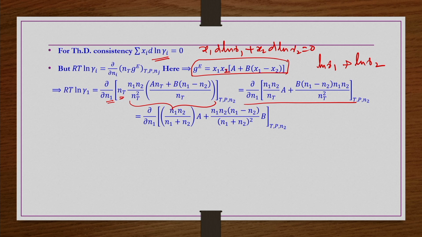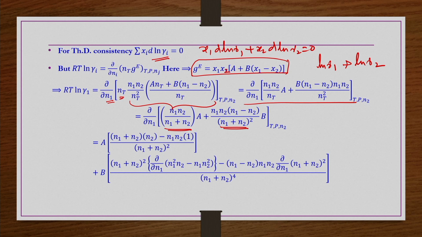Now we have to differentiate this term. If we write Nt as N1 plus N2, it will be easy to differentiate. Wherever we have Nt, we write N1 plus N2, because we are differentiating with respect to N1.